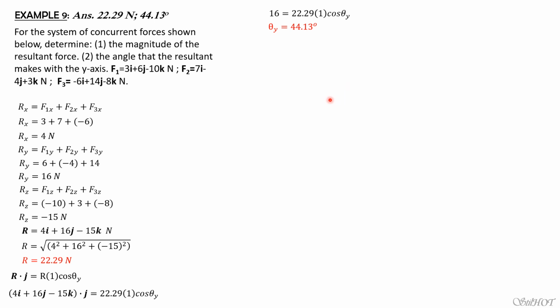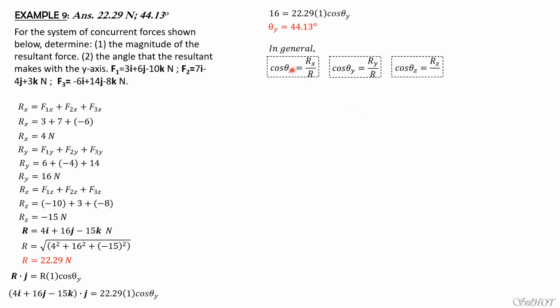So to generalize, based on the result here, cosine of theta x should be equal to Rx over R in general. Cosine of theta y is equal to Ry over R. And cosine of theta z equals Rz over R. So that's the general expression for the direction cosines.